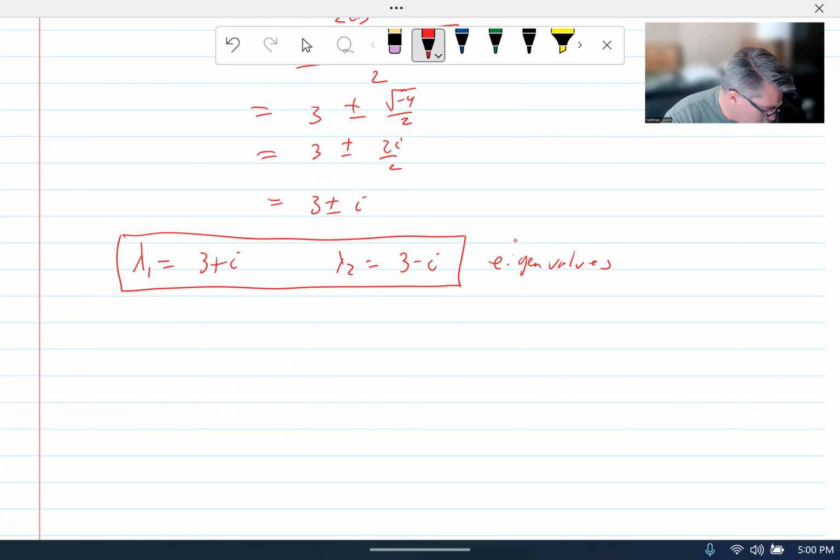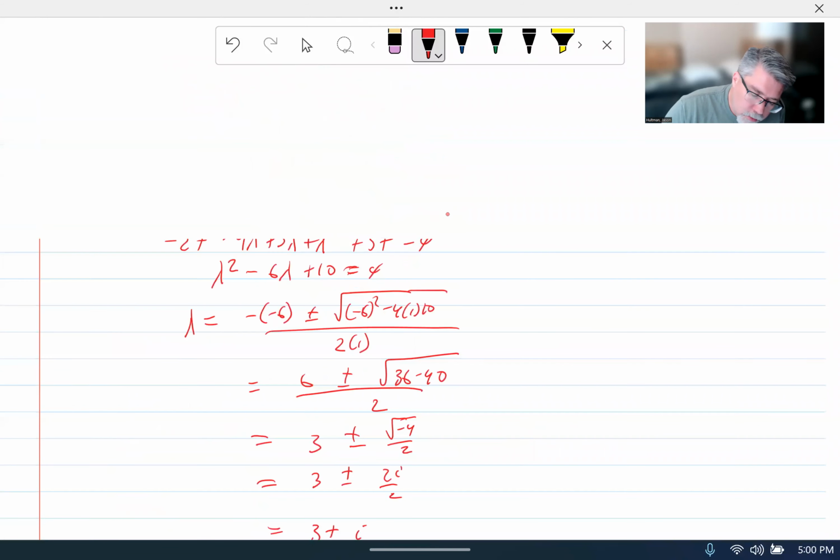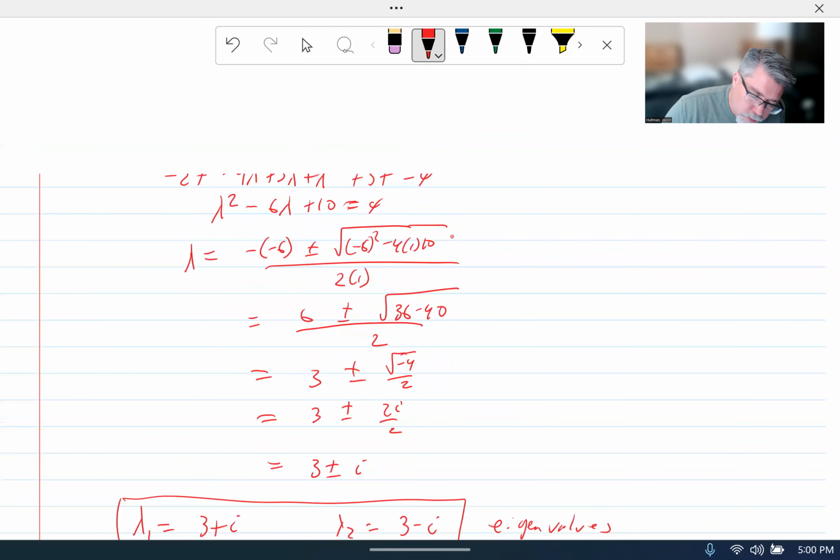Okay, so now I just need my corresponding eigenvectors. So for lambda 1, what was my original A?